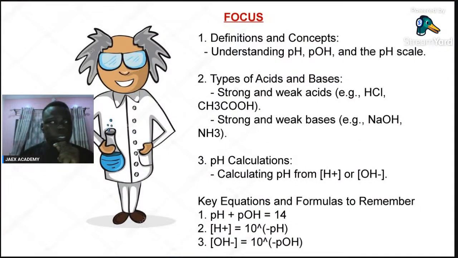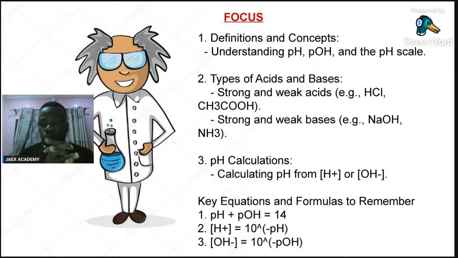Now, in this section we are going to be looking at acid-base calculations in this chemistry lecture. At the end of this section, we should be able to define the concepts of acid and base. We should understand pH and pOH, and know the pH scale. We should know the types of acids and bases: the strong and the weak acid.